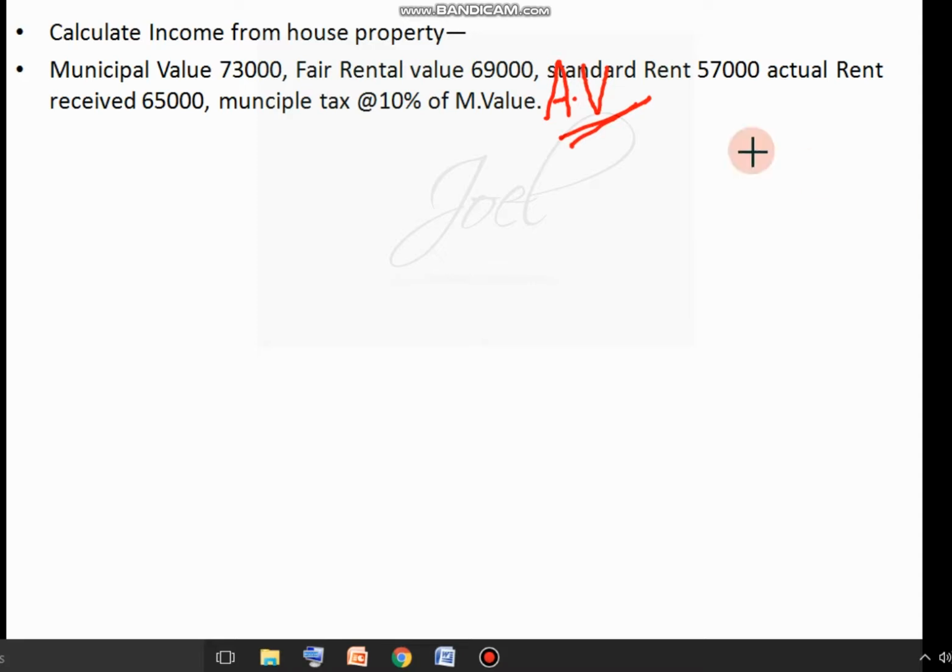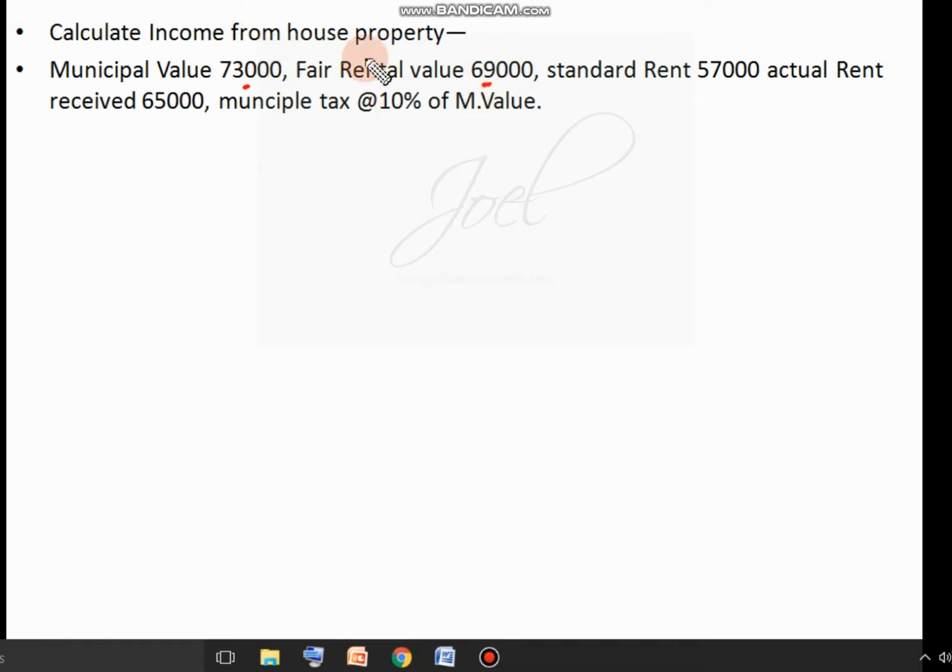So net annual value is the amount from which two deductions are there. Both deductions are called deductions under section 24. One is the 30% standard deduction, one more is interest on housing loan. We will compare here roughly. Here this amount 63,000 and 69,000.